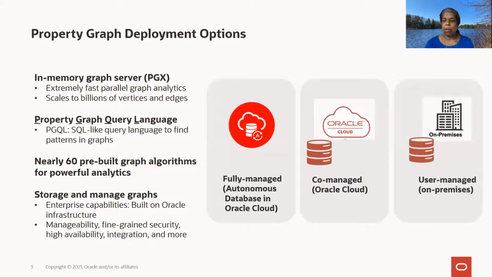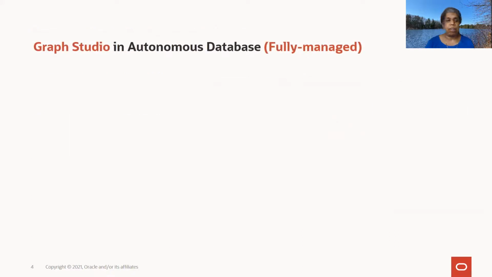And then finally, you have the on-premises option where you would install and deploy the database in your data center. And you would also install and deploy the graph server and graph client in a mid-tier container or a mid-tier box running the graph server.